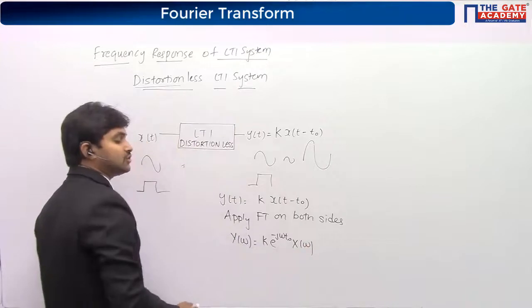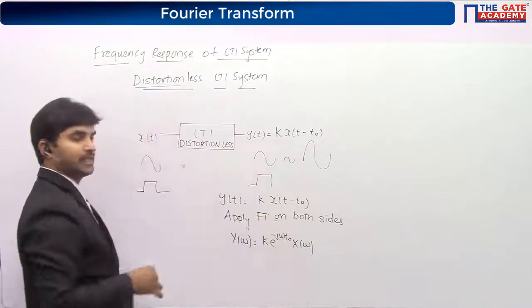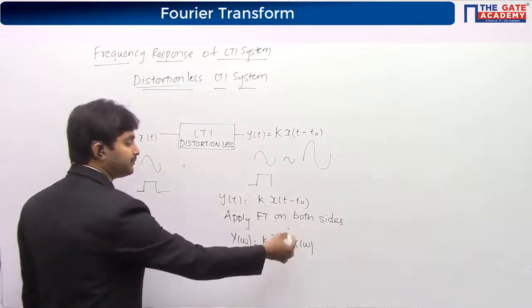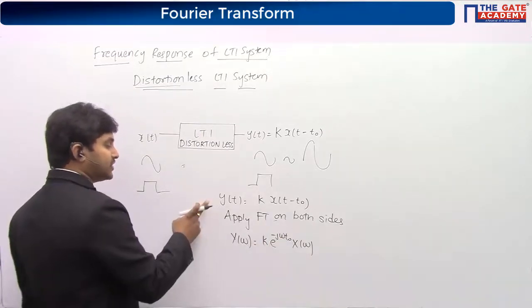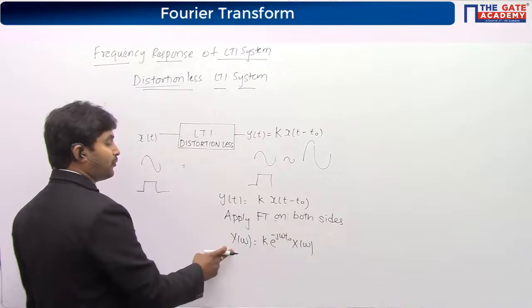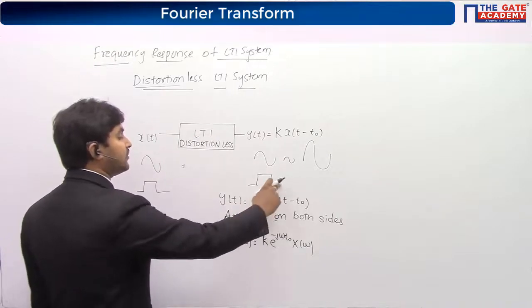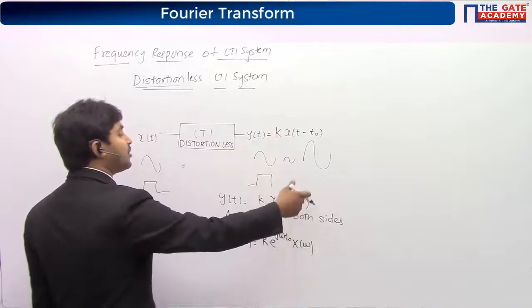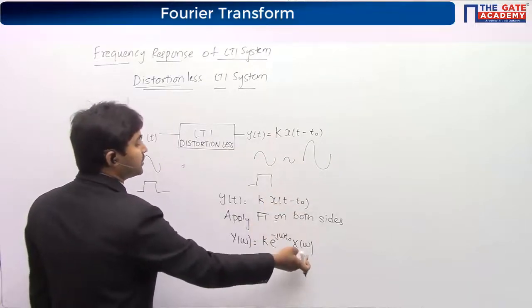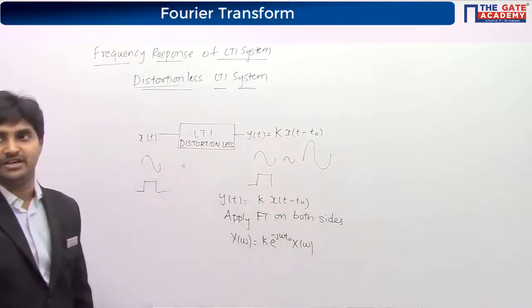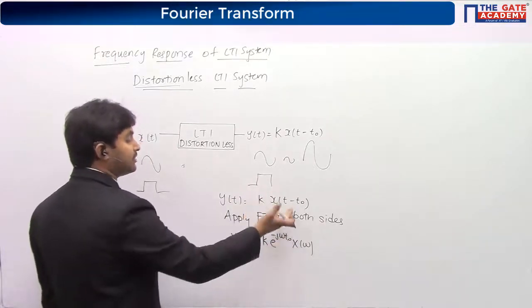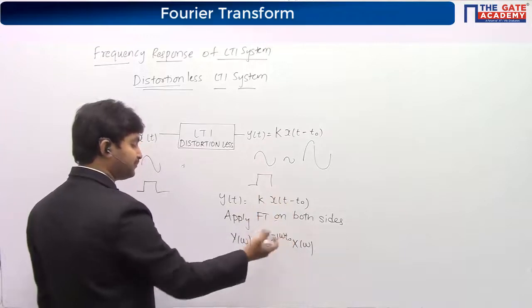Have you understood where we got this term? We apply the Fourier transform, so it becomes y of omega. On x of t it is x of omega. On x of t minus t naught, according to the time shifting property of the Fourier transform, it is x of omega multiplied by e power minus j omega t naught.